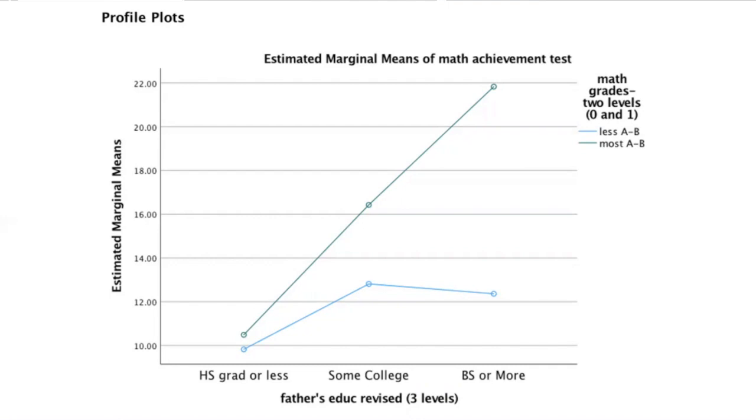But we see the significance if a student is mostly making A and Bs, then depending on their father's education level, their score significantly increases based on that level if they're already scoring high.